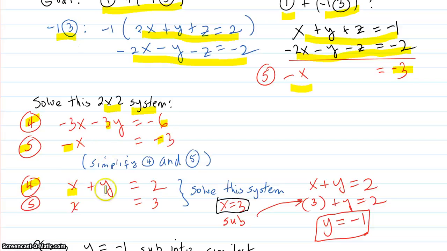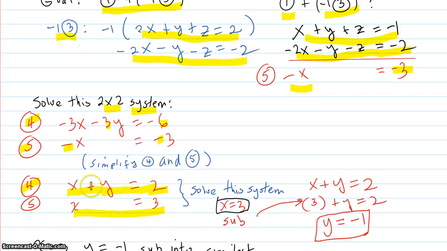And then get x plus y equals 2, because negative 6 divided by negative 3 is 2. Negative 3 into negative 3y is y. So this is a simplified number 4. And negative x equals negative 3. Multiplying by negative 1, x equals positive 3. So that's the simplified number 5.